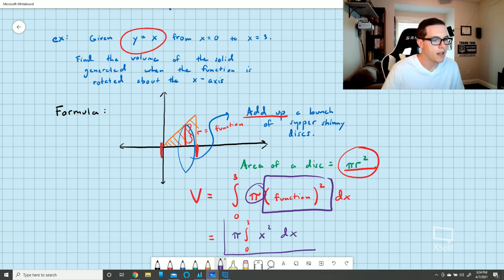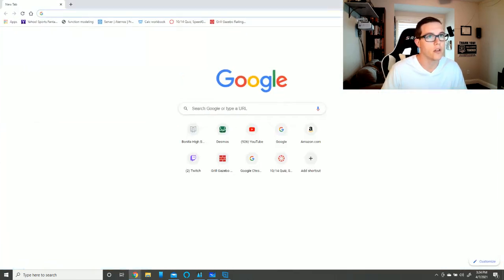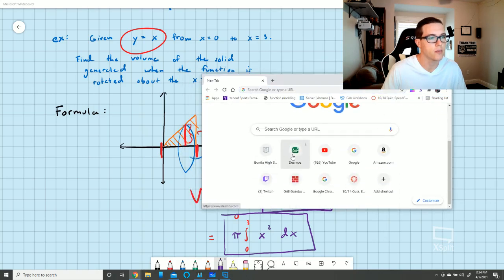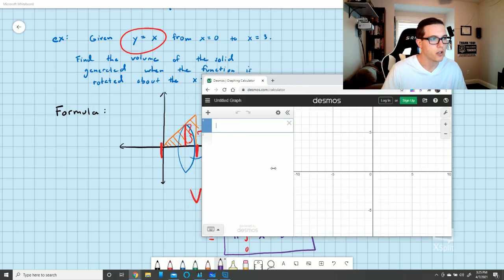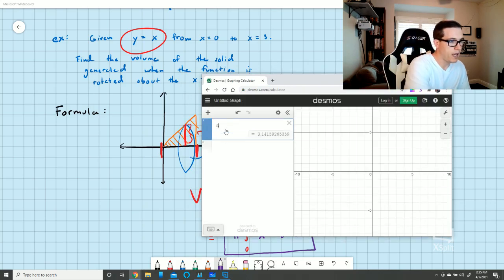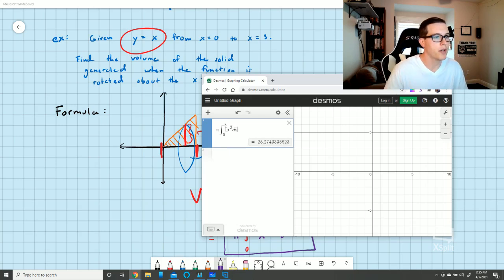And that is how you would calculate the volume of this specific cone shape that we just showed you in the simulation. So let's check it real fast. So you have pi times the integral from 0 to 3 of x squared dx, which is 28.27.